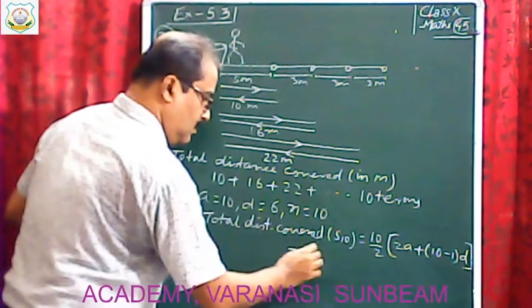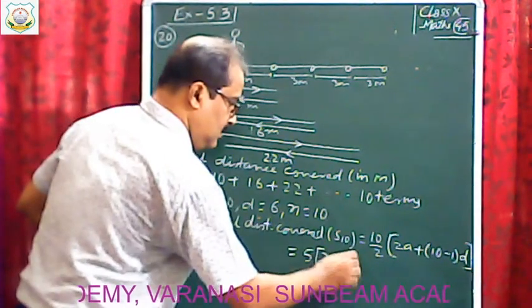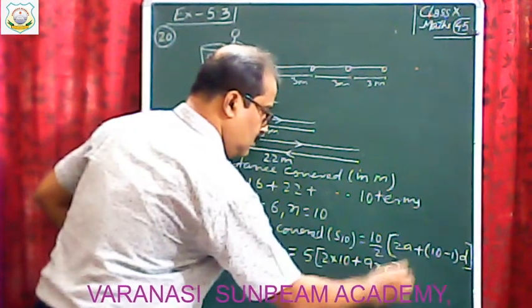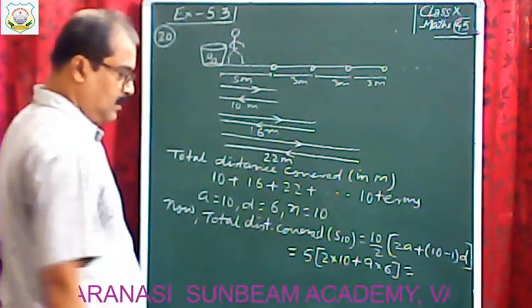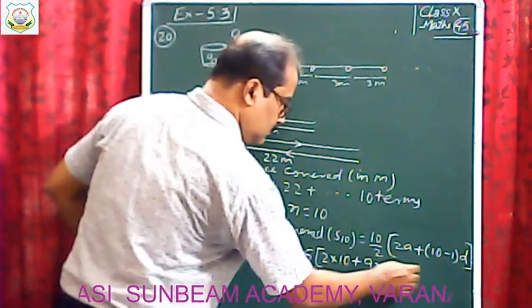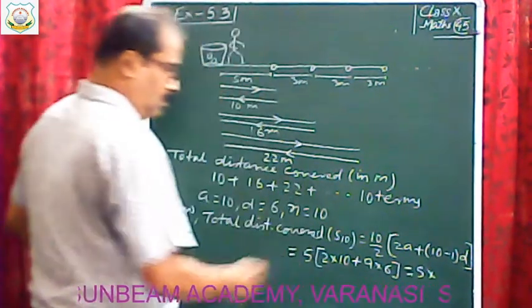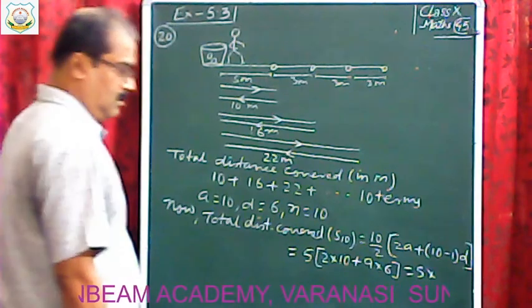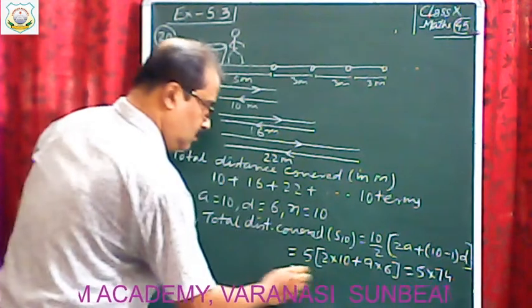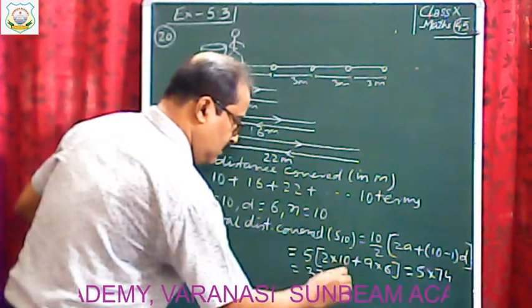What do we get? 5 into 2a, which is 20, plus 9 into d, which is 6, that is 54. 20 plus 54 is 74, and 5 times 74 is 370 meters.